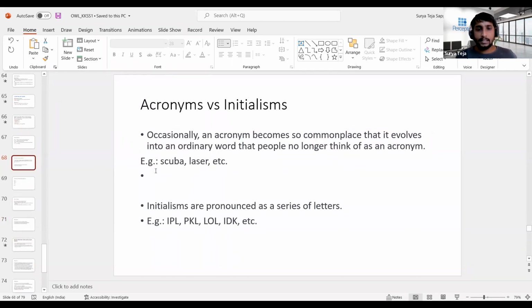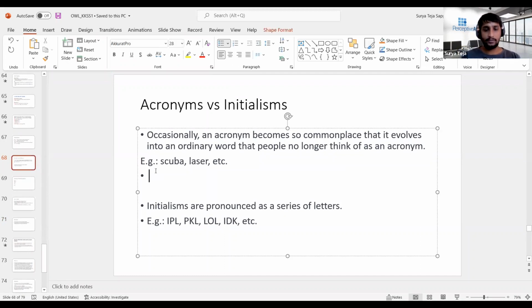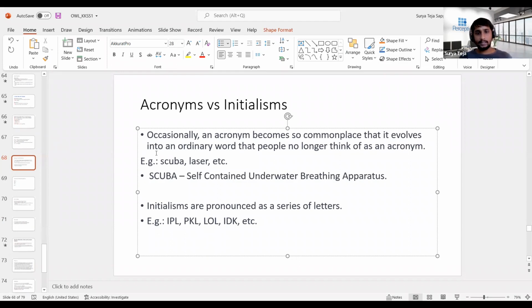So it is actually an acronym of Self-Contained Underwater Breathing Apparatus. So this is what exactly SCUBA means.